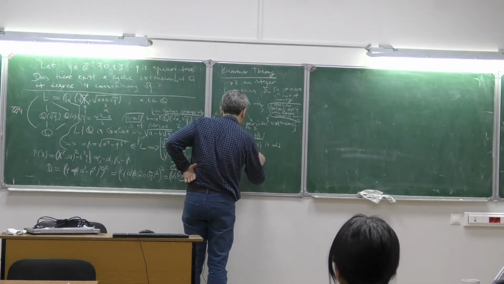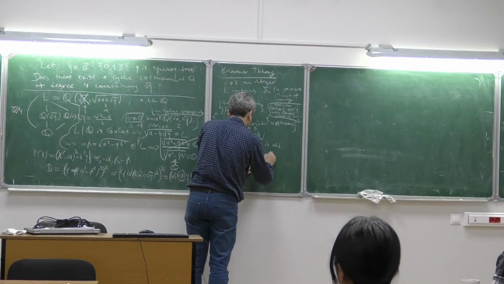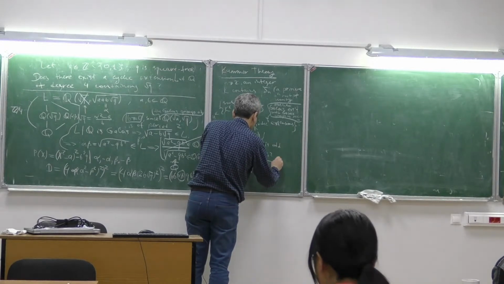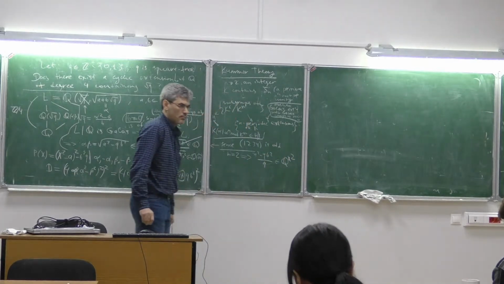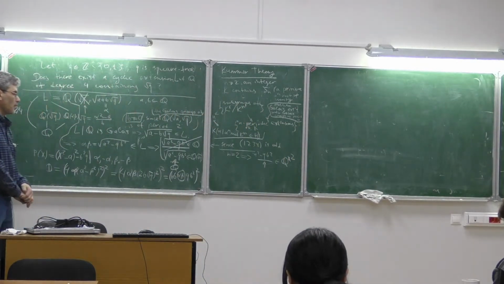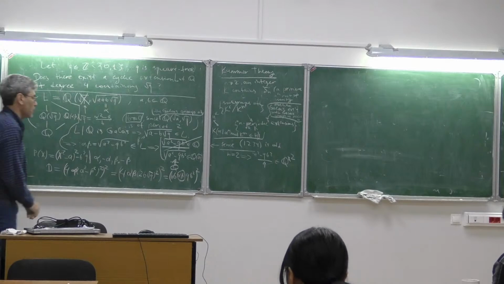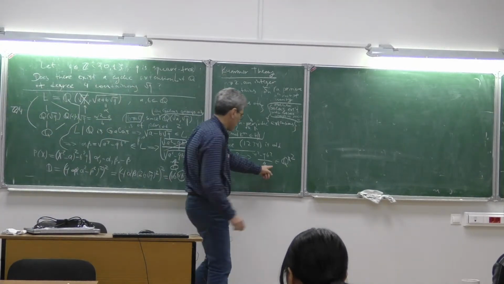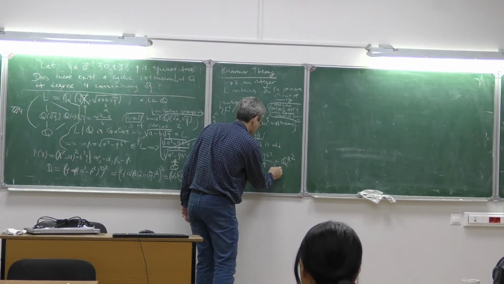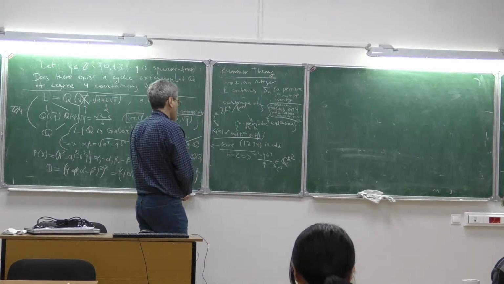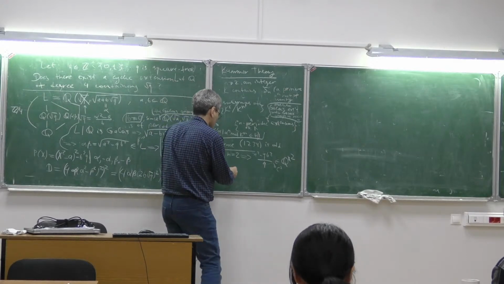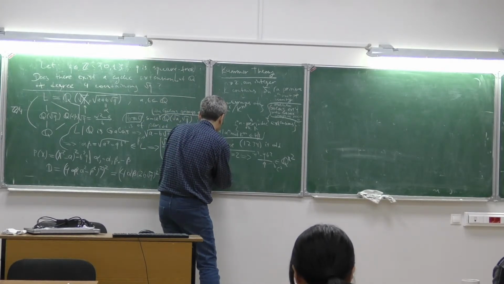So a square minus q b square over q is a square. Okay, so let's call this c square.